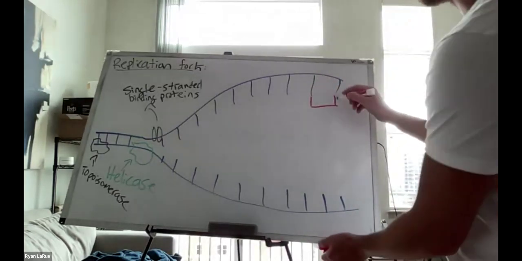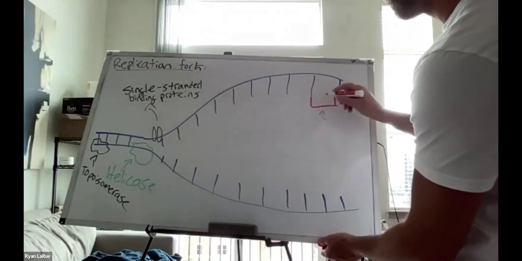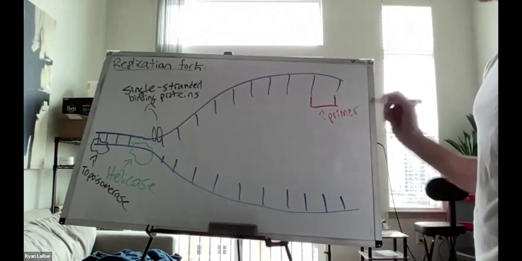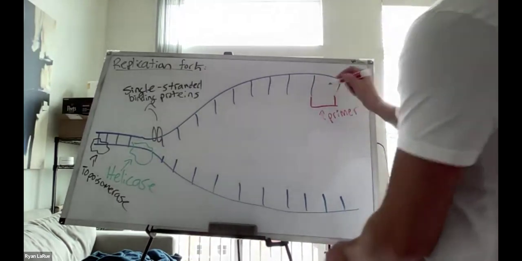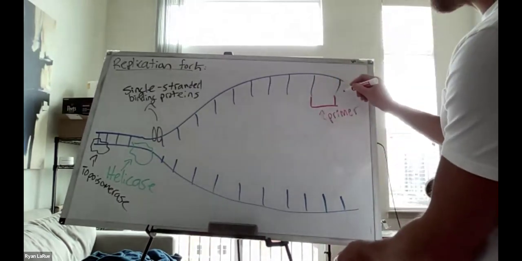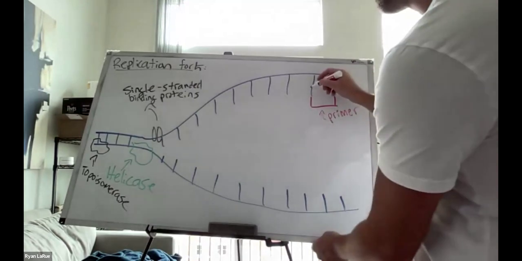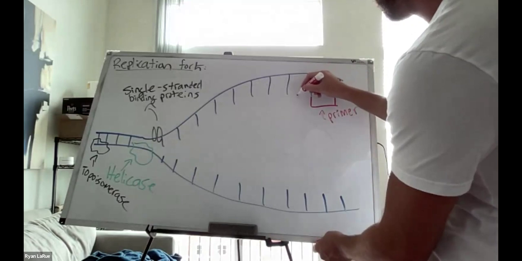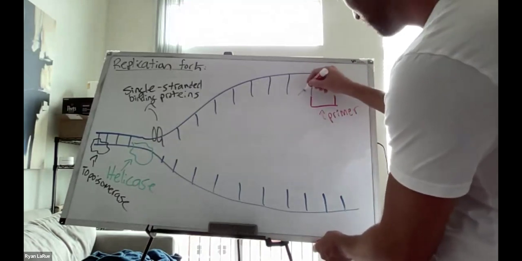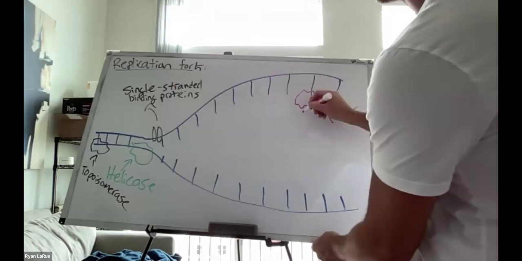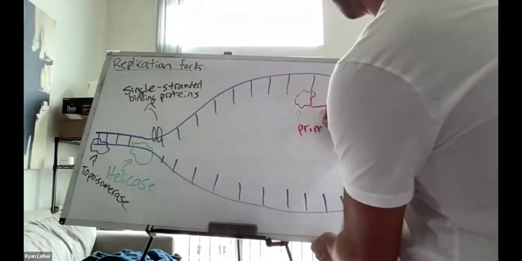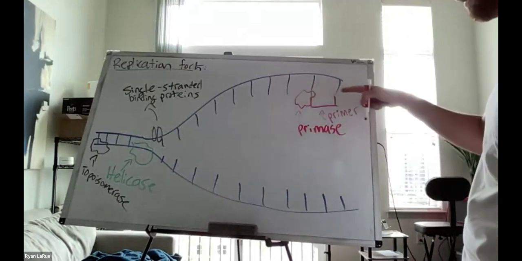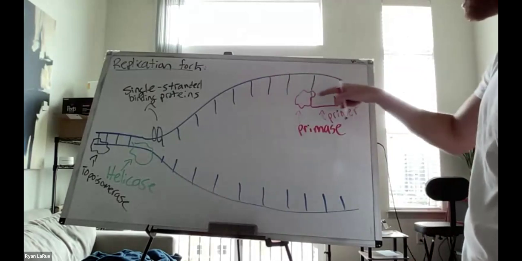So this is our primer. And it's added by the enzyme primase. So we can draw the enzyme here. Let's do it attached here. So this is our primase adding a primer, and it moved along in this direction and added this primer.